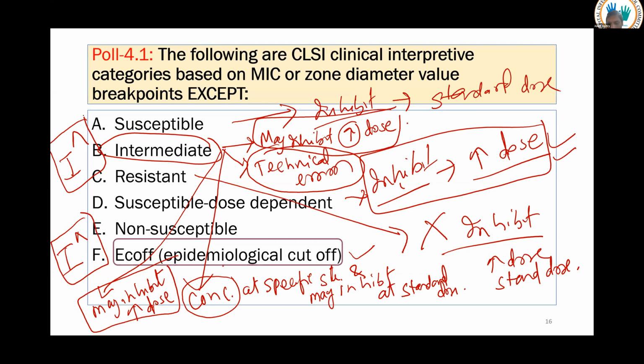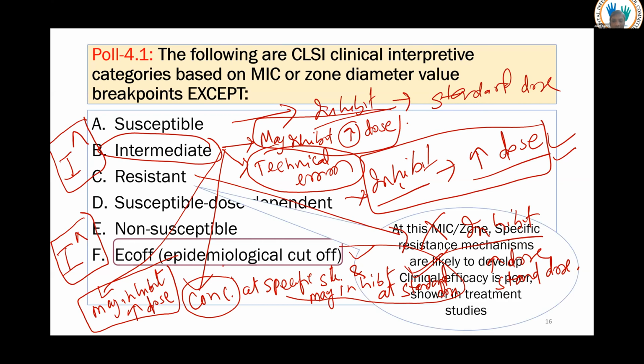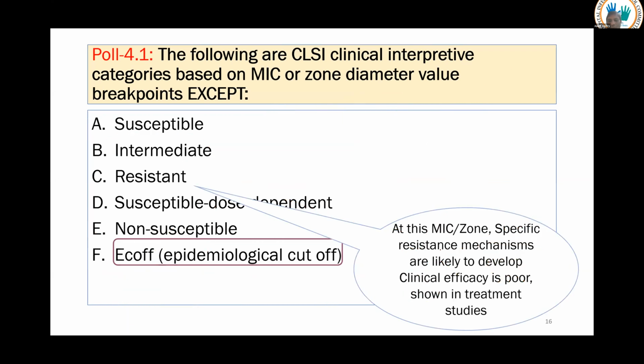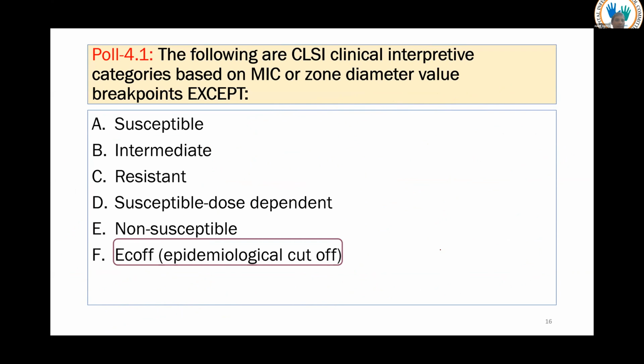In CLSI, I will show you the subsequent thing. When this symbol is there, it indicates that the drug can concentrate at the urinary site, and in such a case it may inhibit the organism even with the standard dose also. So this is the meaning of this.